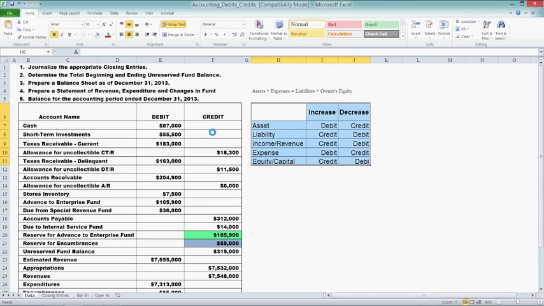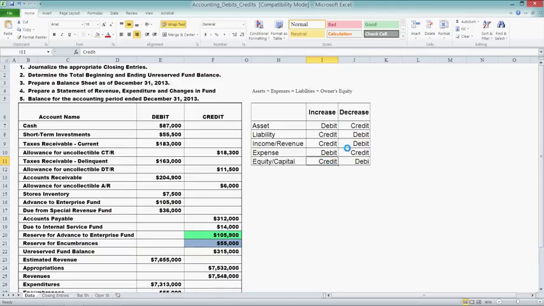It's a credit for an increase in liabilities and a debit for a decrease in liabilities. Income revenues, again, that's a credit for an increase and a debit for a decrease. Expenses, debit for an increase, credit for a decrease. Equity, capital, for example, owner's equity, it's credit for an increase and a debit for a decrease.